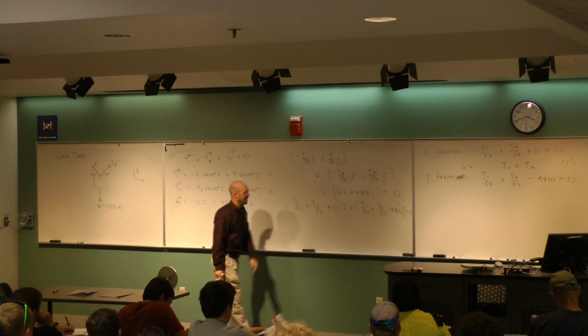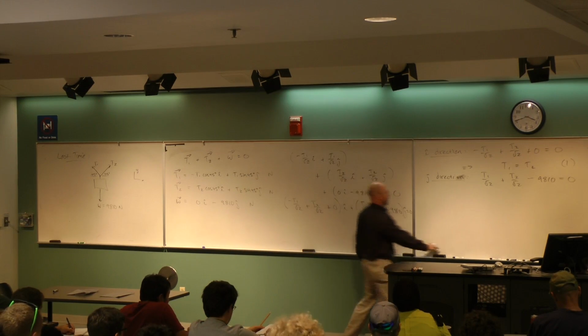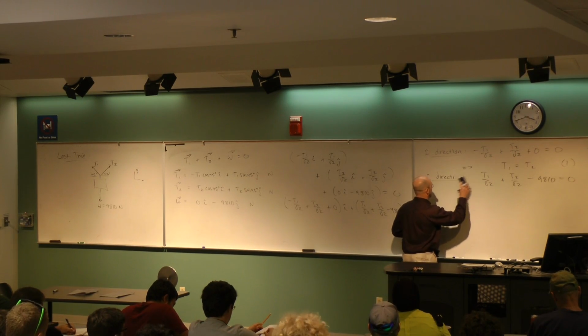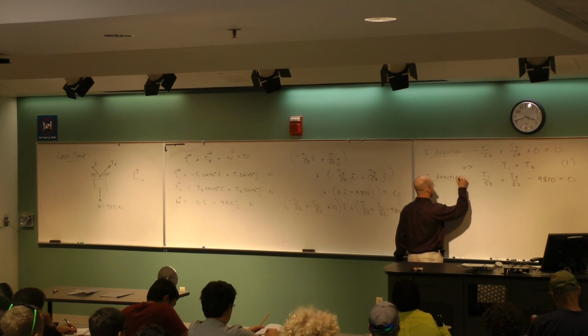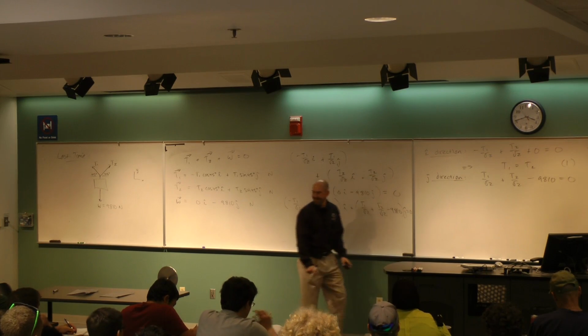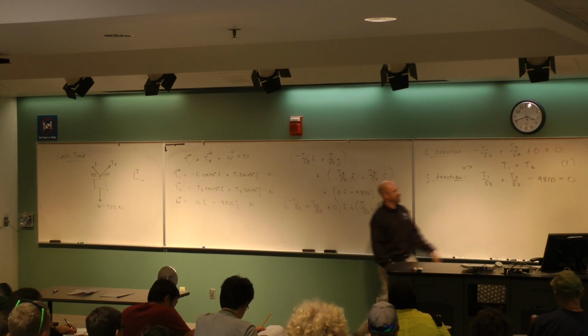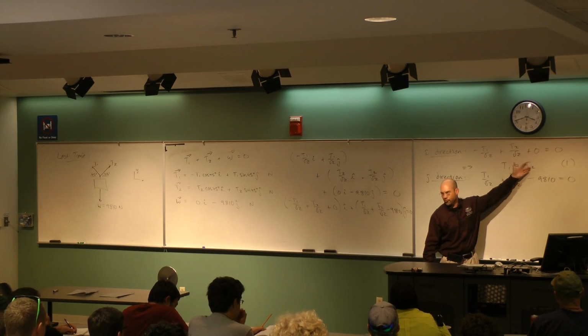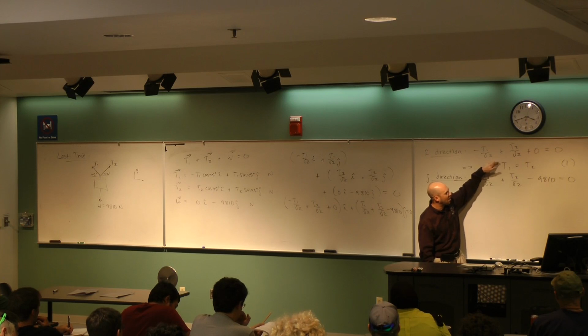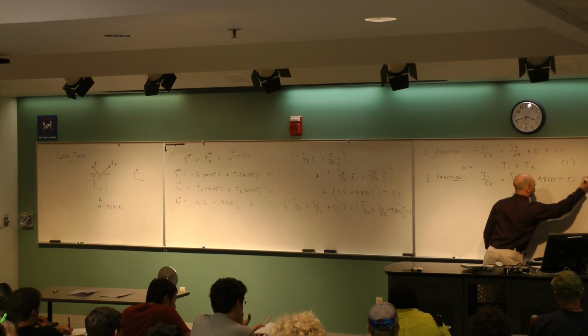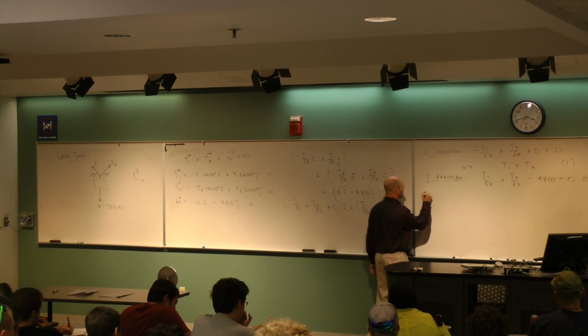How many unknowns do I have in that equation? I've got 2. Can I use the first equation to get it down to 1? Yeah, because T1 is the same as T2. Even if it wasn't, this might say T1 is root 3 over 2 times T2.